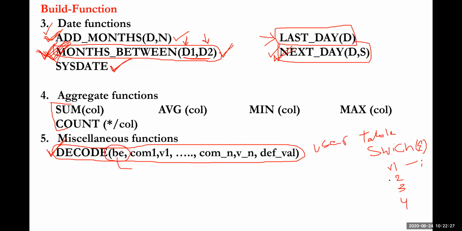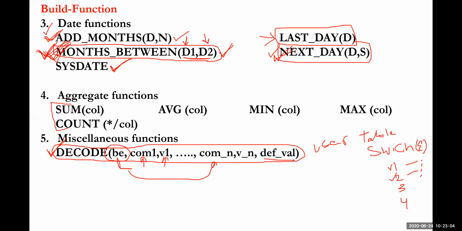Something like this, but here it is written as a function. The base expression gives some value. If that value equals comparison one, the output is the result of that comparison. Otherwise, the base expression is checked against the second comparison, third comparison, fourth comparison, and so forth. If none of the comparisons take place, then we go ahead with the default value.